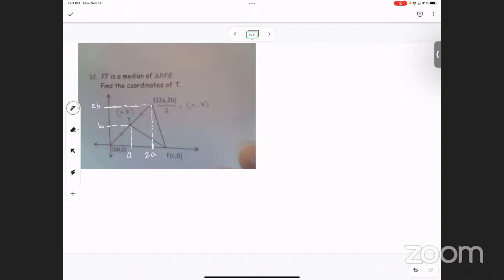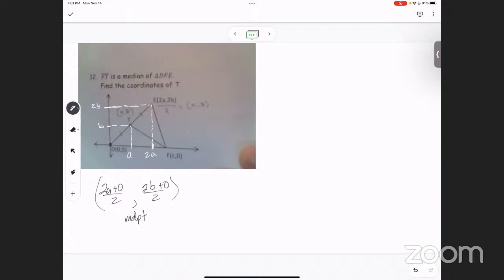Remember the midpoint formula? Since it's centered at 0, that's what makes it easy as well. You add them together, 2A plus 0 over 2, 2B plus 0 over 2, and that's your midpoint, which comes out to just A, B.